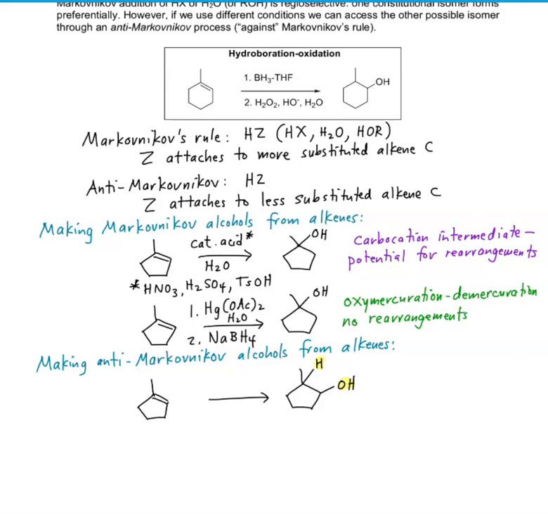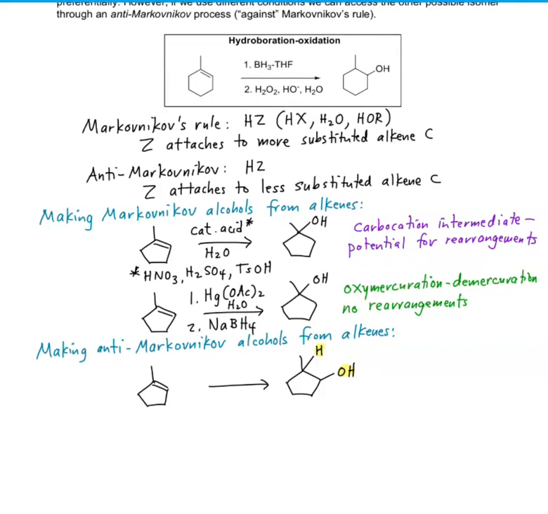In order to do this, we're going to use a sequence called hydroboration oxidation. So this is hydroboration oxidation. And it too has no carbocations. Now this is all summarized in the box up at the top, but let's just write the reagents in as practice.